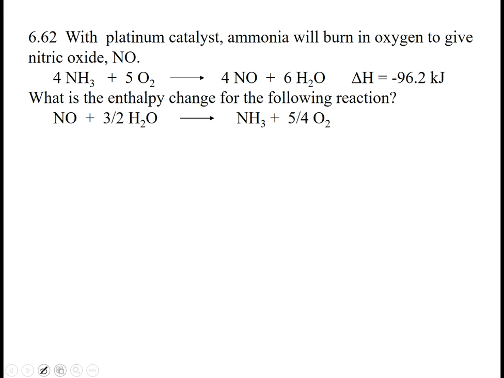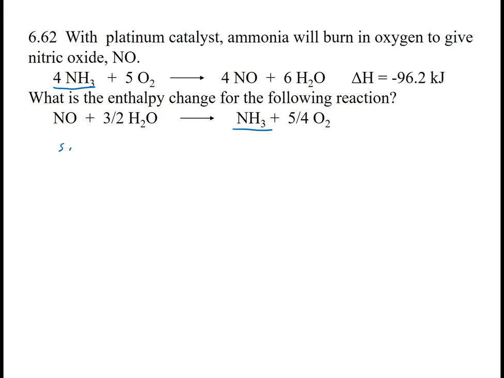So here's another reaction. I suggest that you can pause this and try doing it first before I walk through it. All right. Assuming you tried to do that, let's choose NH3. So I have NH3 there and NH3 there.